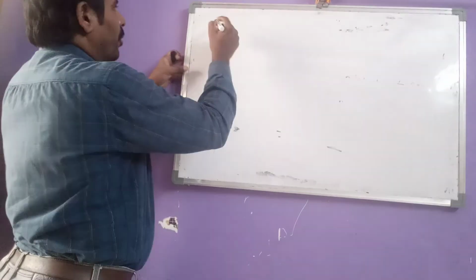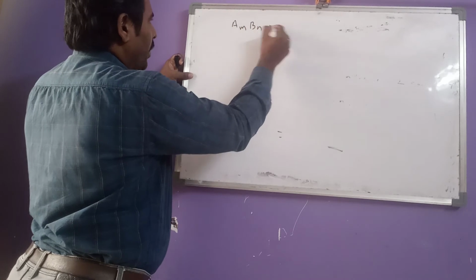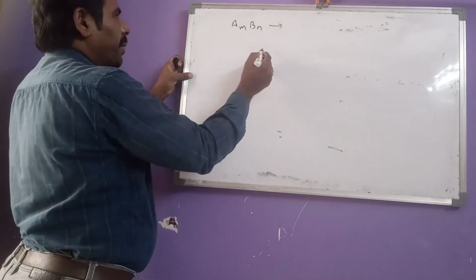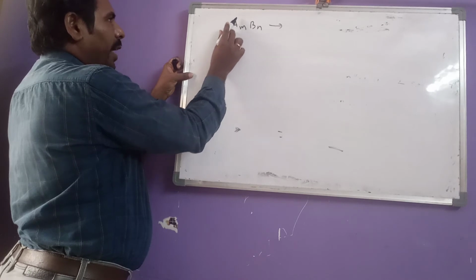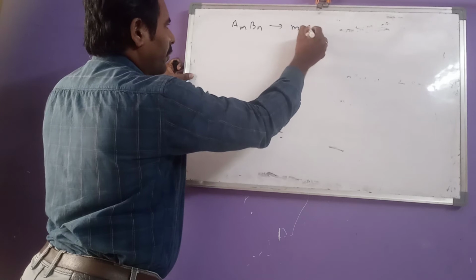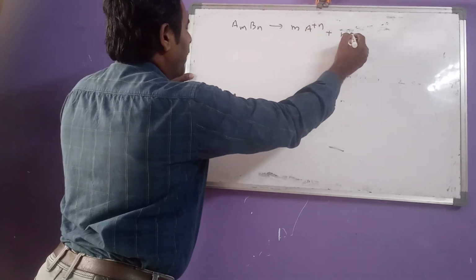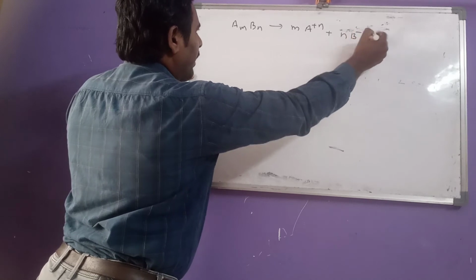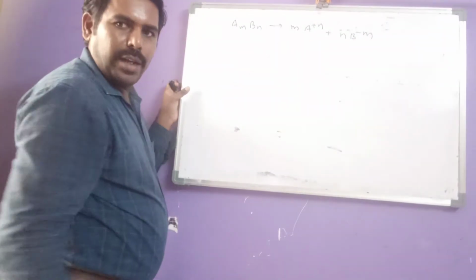So for example, AmBn electrolyte they have given. How it will split? Now this is having m number of A^n+ ions and n number of B^m- ions are present.